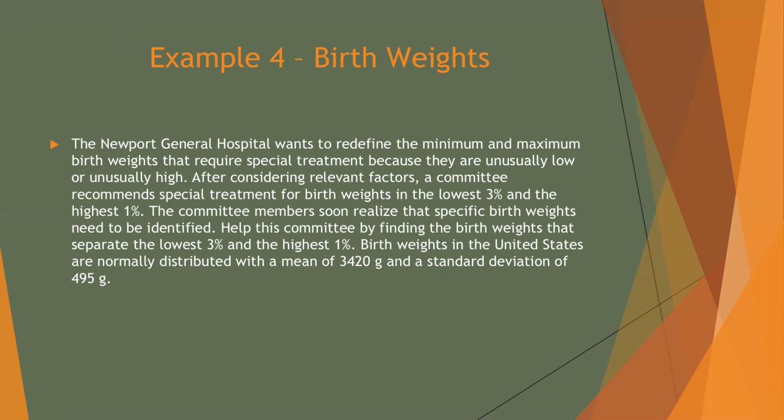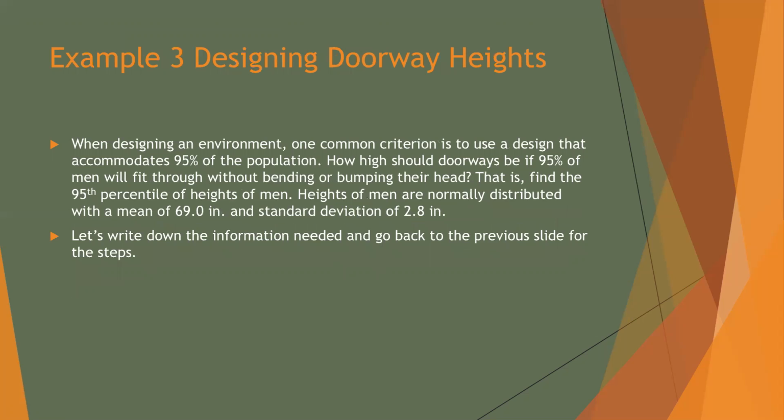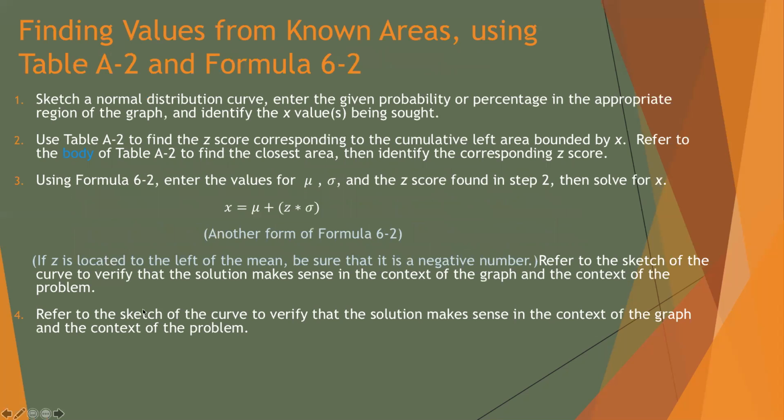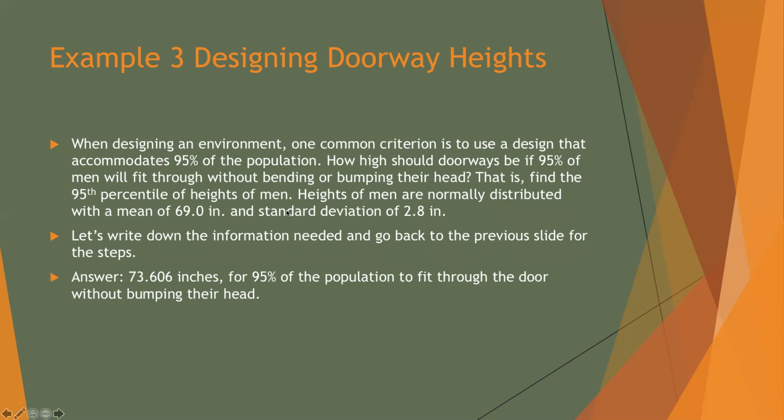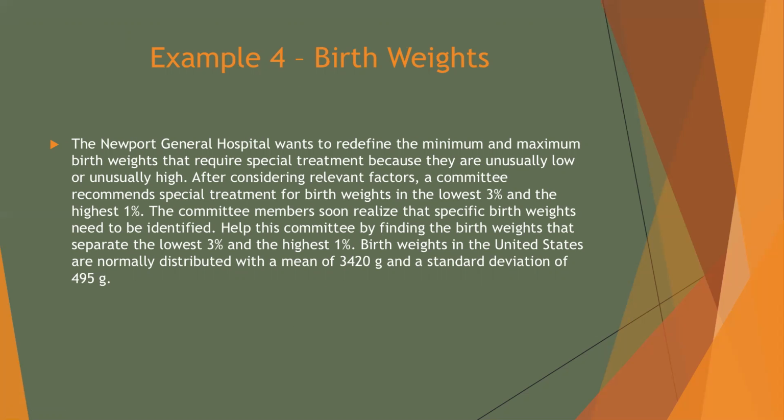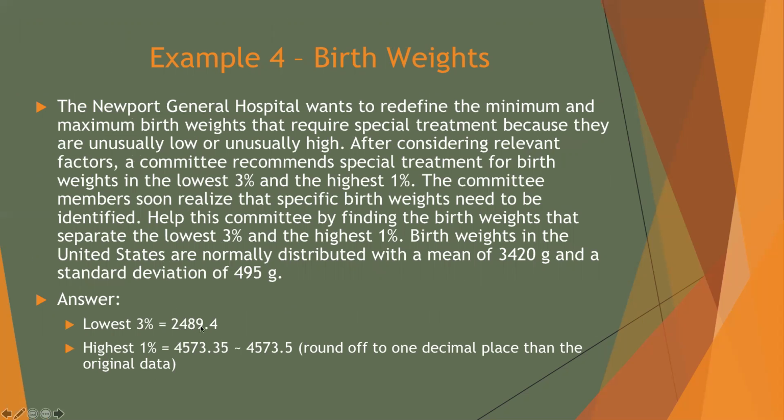So that's going to be what we're going to plug in for this z part right here. Okay, so that's our lowest. And then we do that calculation out, you should get 2,489.4 grams. Okay, that'll be the lowest 3%.